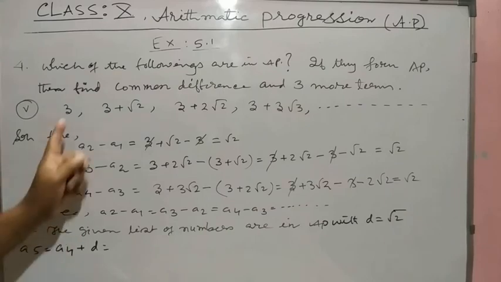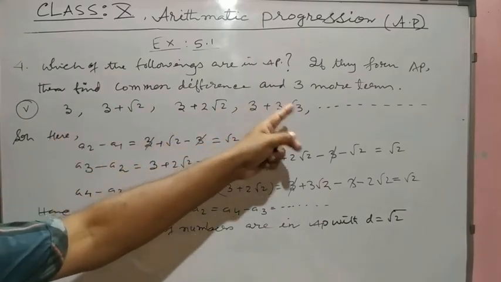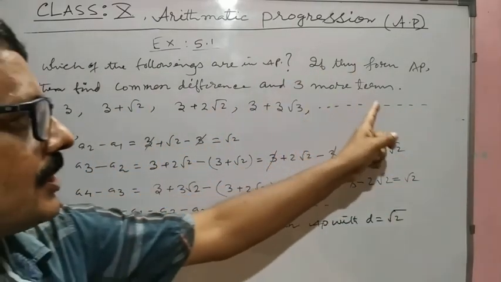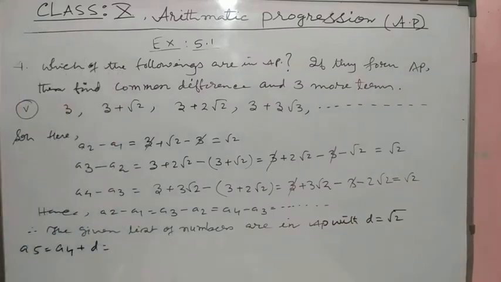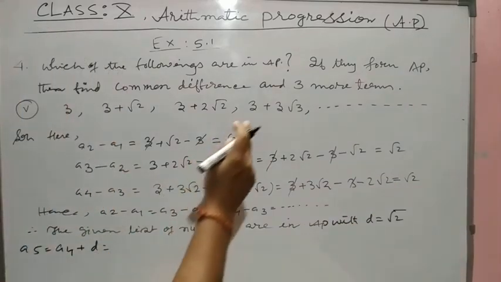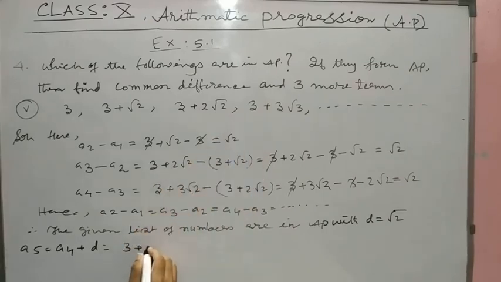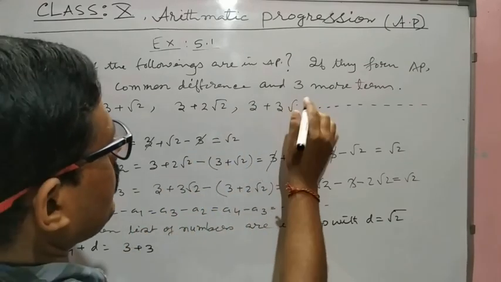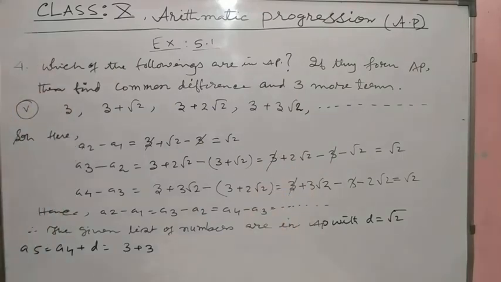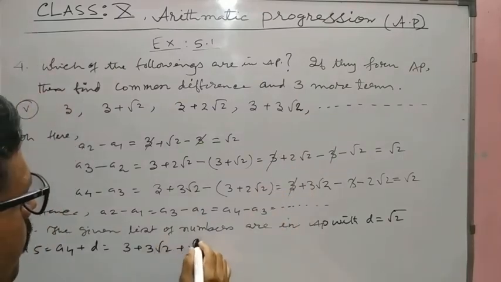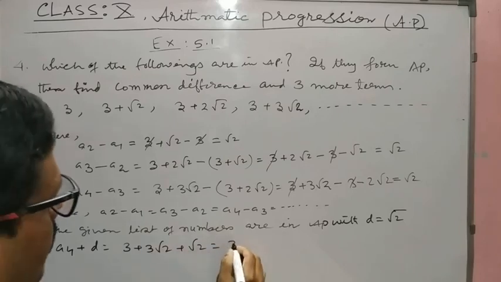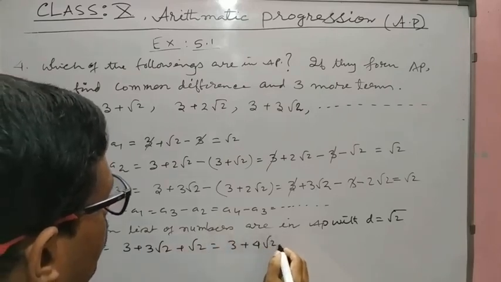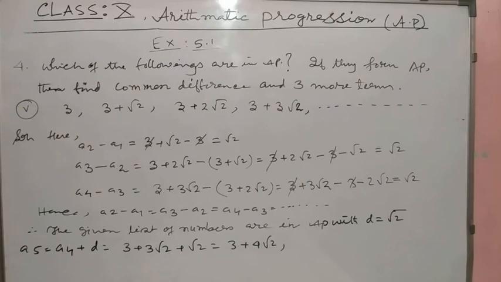Next 3 terms, that is fifth term, sixth term and seventh term, we need to find out. A5 equal to A4 plus D. A4 means 3 plus 3 root 2, plus D, root 2. So it will be 3 plus 4 root 2. Okay.